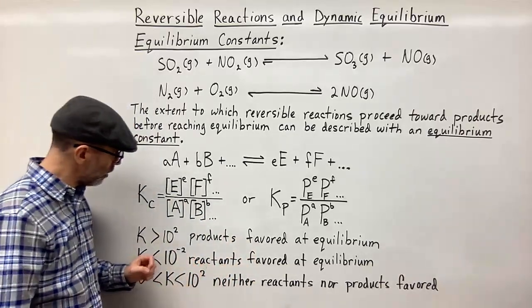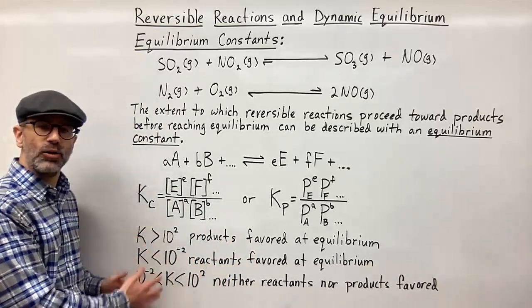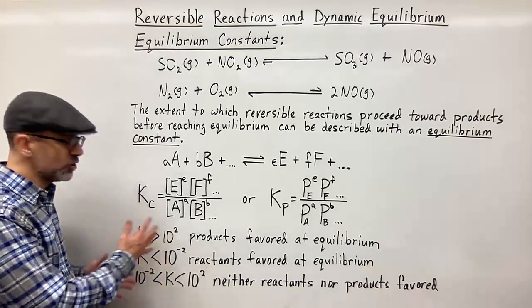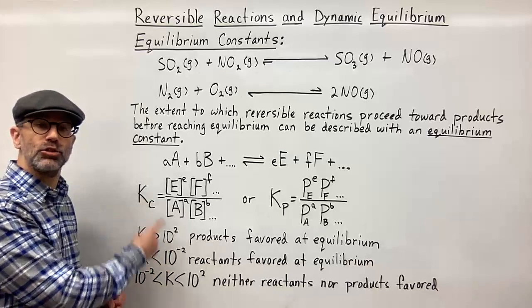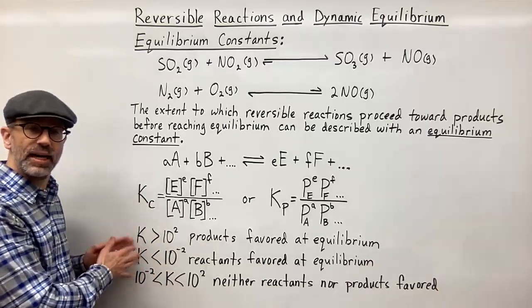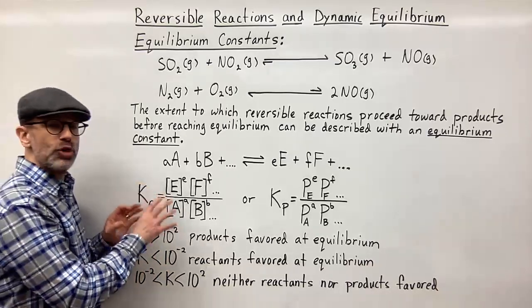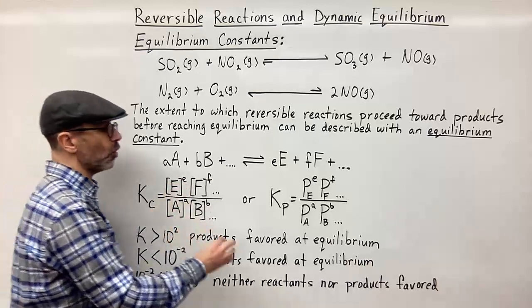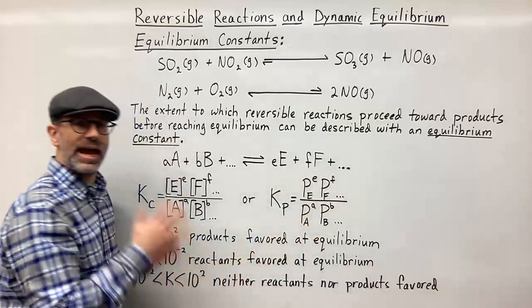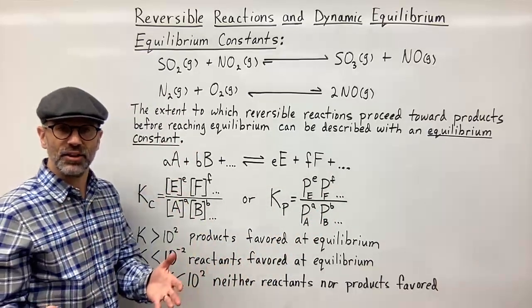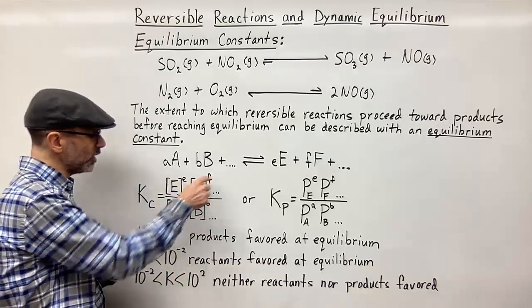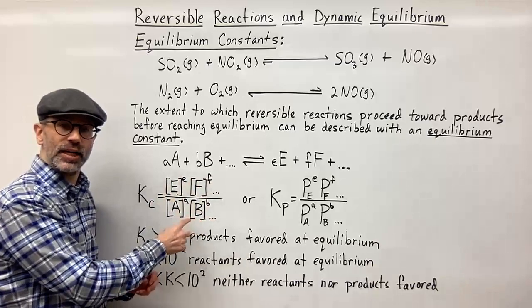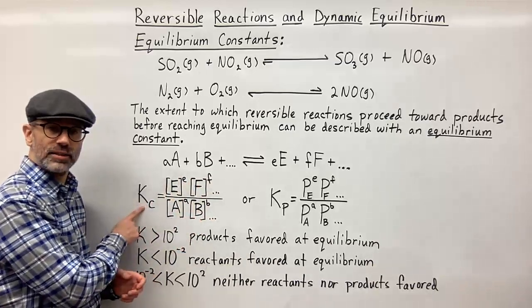Next thing I want to talk about is how can I determine what is being favored according to the equilibrium constant that I calculate. Now, if you know the concentrations or the pressures at equilibrium, if you're given that in the problem, you can just plug those in and plug in the coefficients and do the calculation to figure out what the equilibrium constant is.